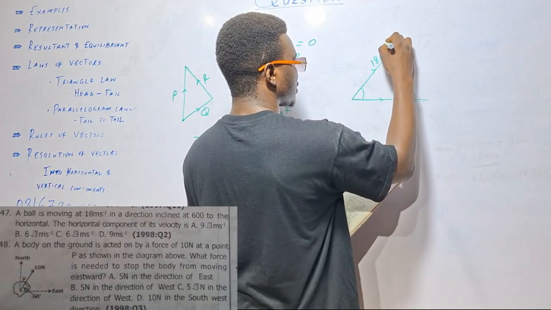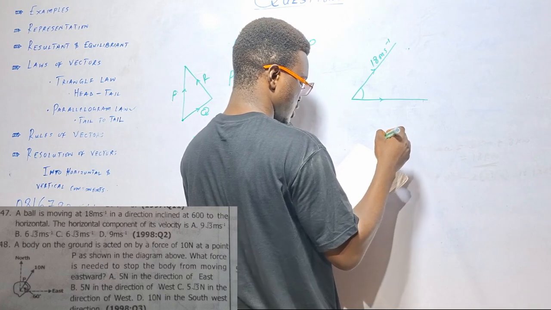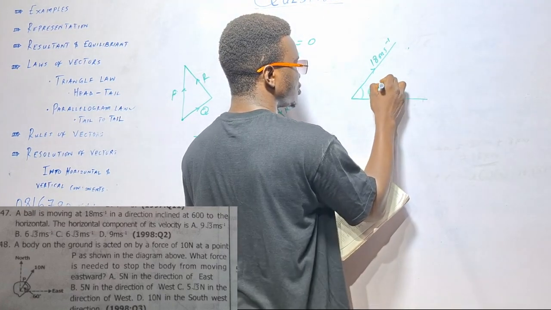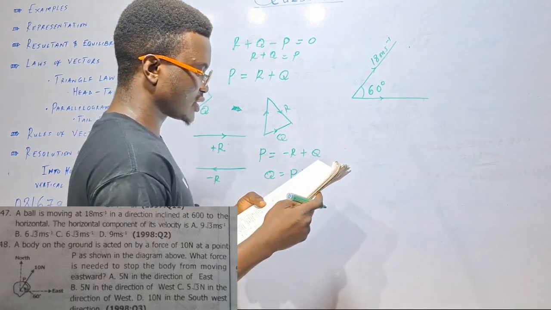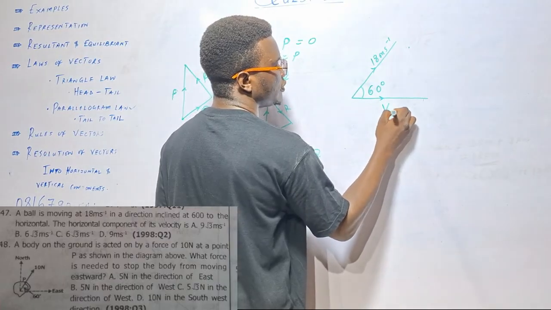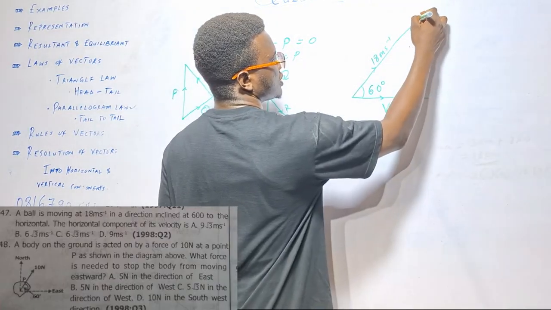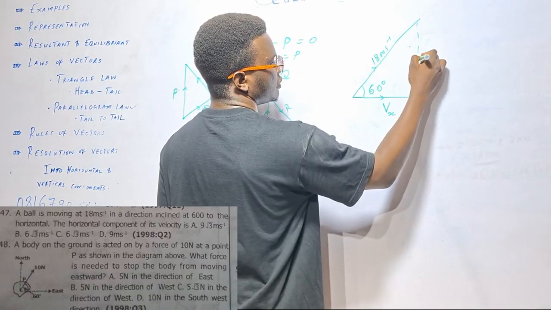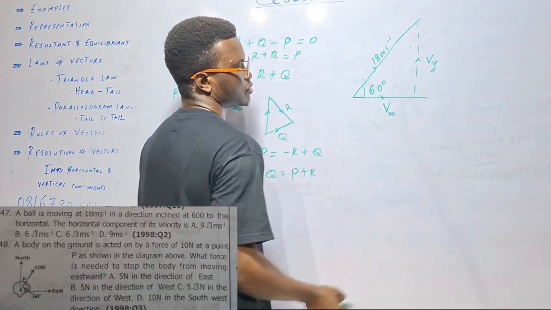They now said we should find the horizontal component. So we are looking for what we used to call v sub x. If I resolve this, this will be my v sub y. So this is the angle.